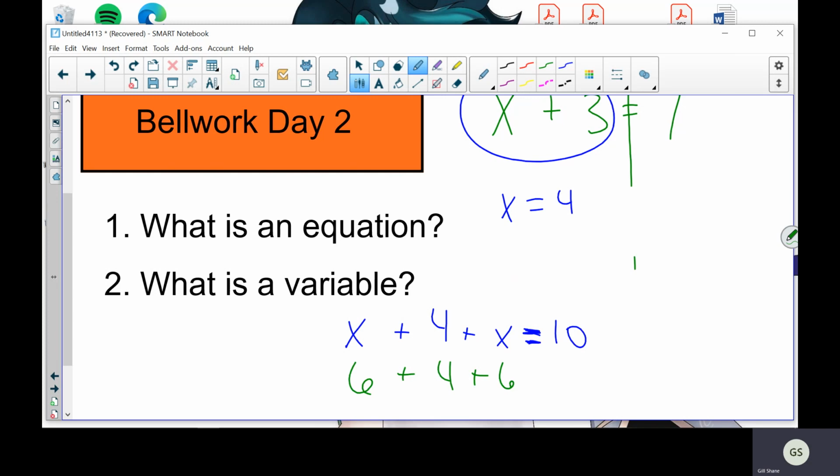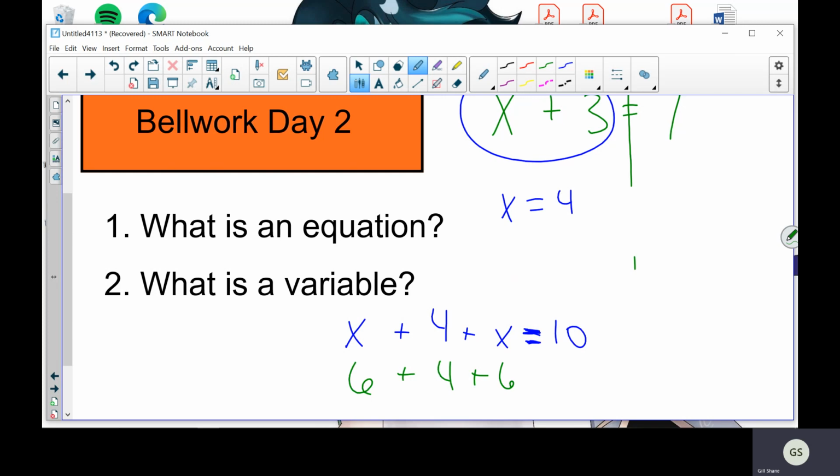So you knew what the total unknown quantity was, but each individual x has to be what? 3. So we'll get to how to solve. I'm not super concerned about solving just yet. The key is one variable, one equation, you can solve for that variable. I don't care how difficult the math is, you'll be able to solve for it. Now, whether or not you know how to solve for it is another issue, but you can. There's a way to do it.